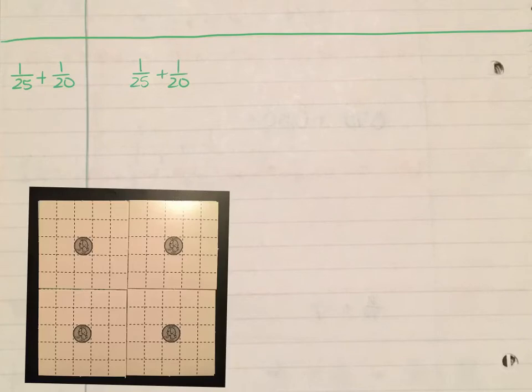It is 1/25 plus 1/20. Write that down on the left side and on the right side of the line. 1/25 plus 1/20. So we know that 4 quarters equal $1, but that is not 25ths because quarters are fourths.